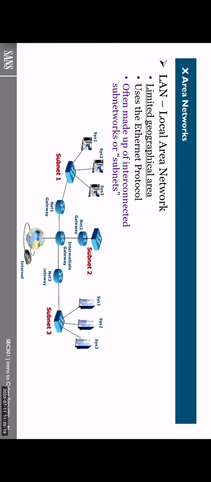For example, in this room, we are all connected to the SEC 301 Wi-Fi hotspot, right? And so aren't we a LAN in this room? We fit that definition. It's a limited geographic area, and we are using the Ethernet protocol. We're going to talk about Ethernet later, but we're a LAN here.